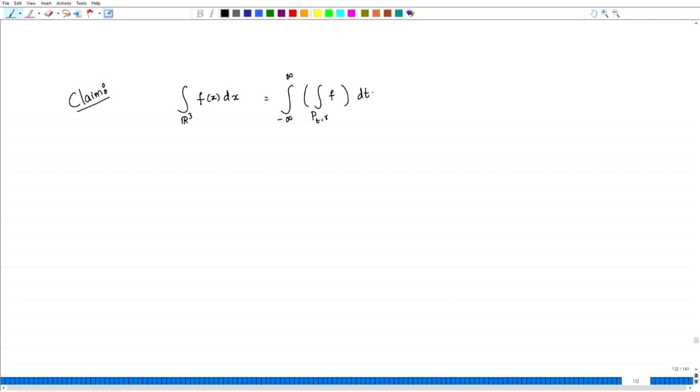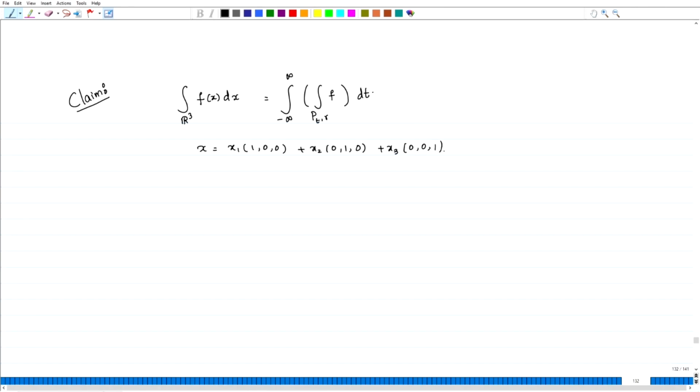Now, x in R^3 is, through the standard basis, x equal to x1 (1, 0, 0) plus x2 (0, 1, 0) plus x3 (0, 0, 1).